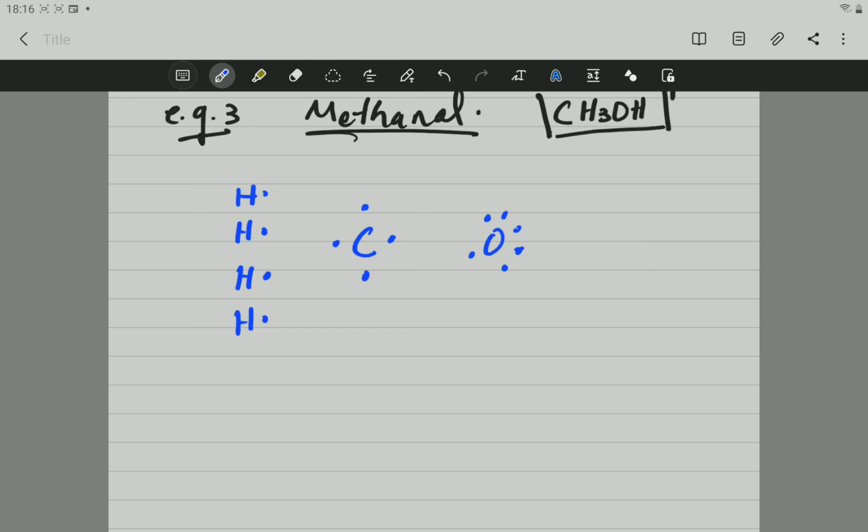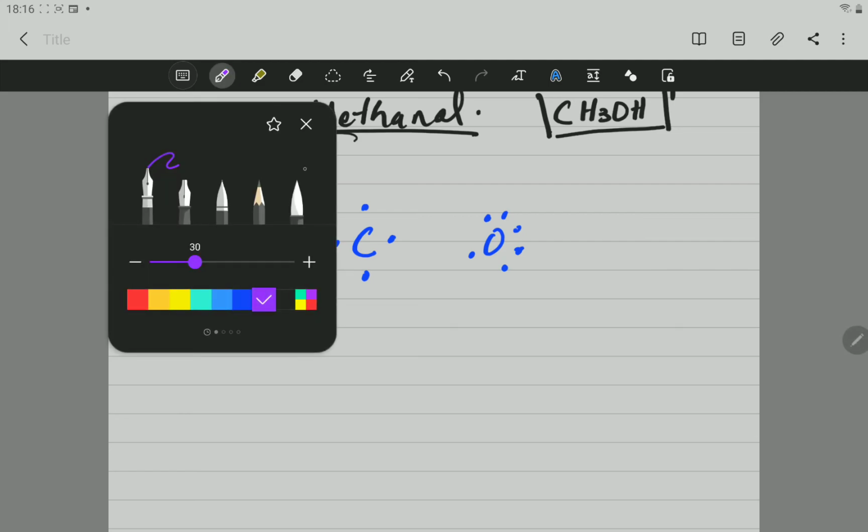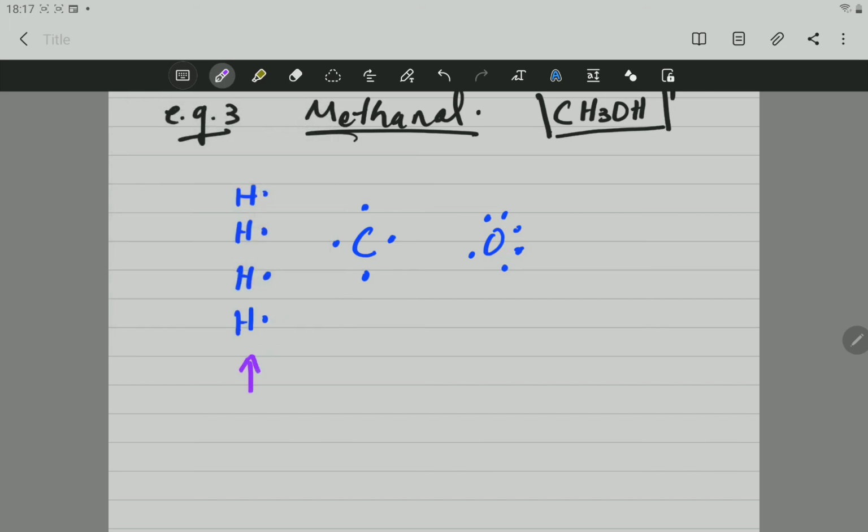The first thing you need to know is what atom is going to be in the center. Otherwise, it's not going to work. If you look at hydrogen, every hydrogen has only 1 valence electron. So hydrogen cannot be in the center, because then the molecule is done.